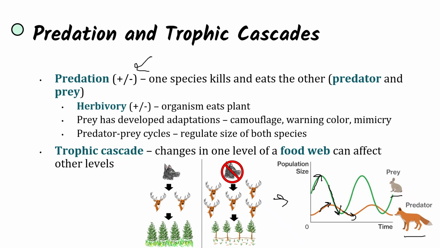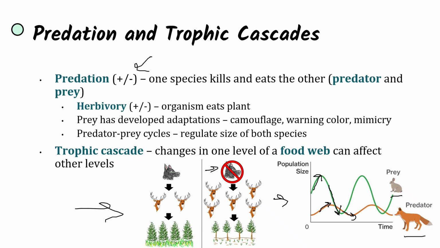And we also see trophic cascades, where changes in one level of the food web, which is the energy relationship between different species, can affect other levels. So for instance, over here, we have our producers, our plants, and then they're eaten by the primary consumers, and then they're eaten by this wolf, this secondary consumer. But what happens if there's a change in the secondary consumer level?